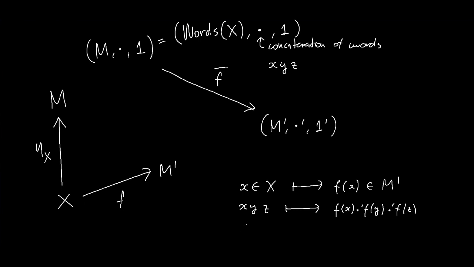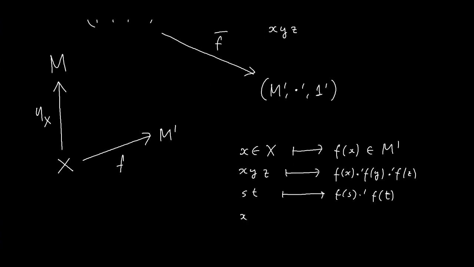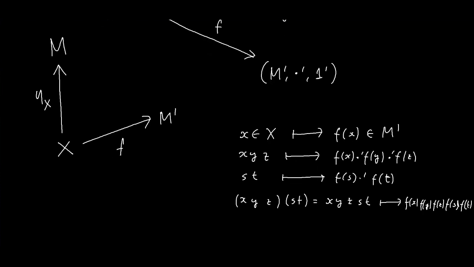So if I have another term, let's say s t, that maps to f of s dot f of t, then x, y, z times s t in the monoid of words, which is the same as just the word x, y, z, s, t, will, according to this rule of mapping, map to f x, f y, f z, f s, f t, evaluated in the monoid M prime.